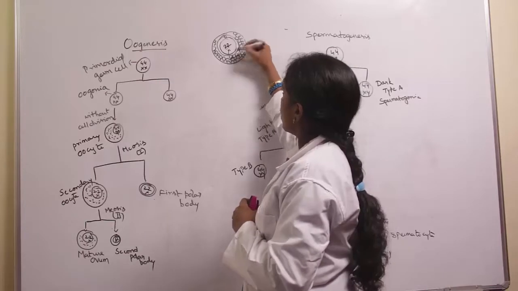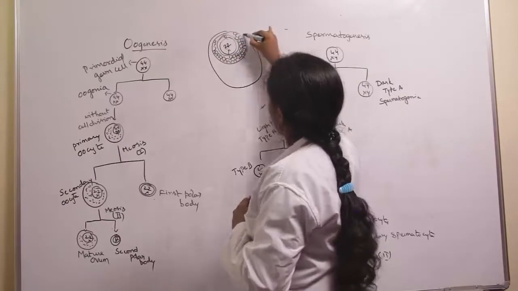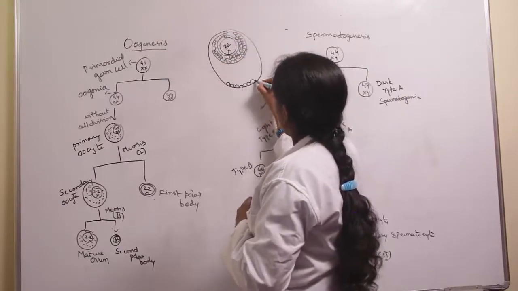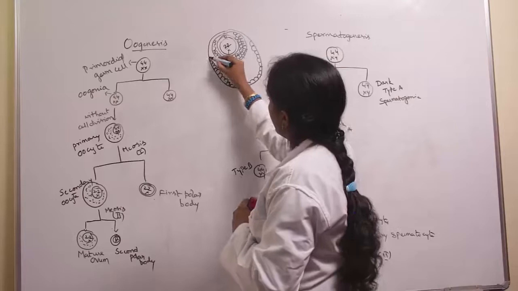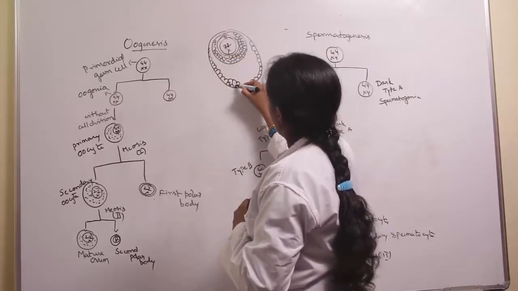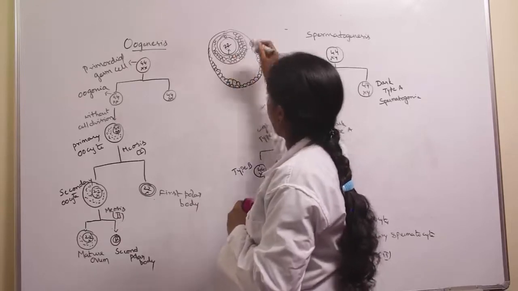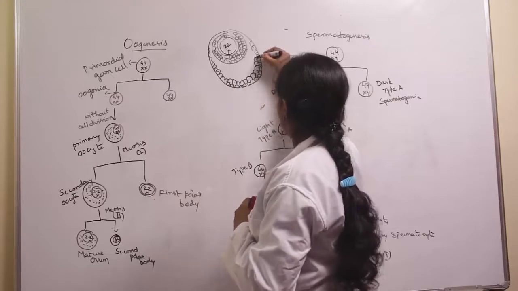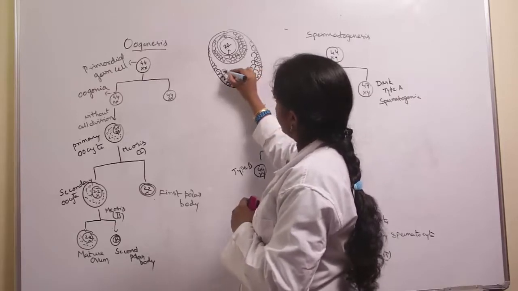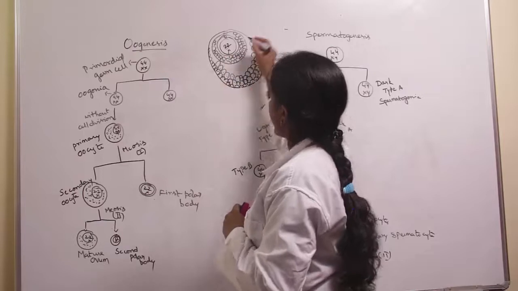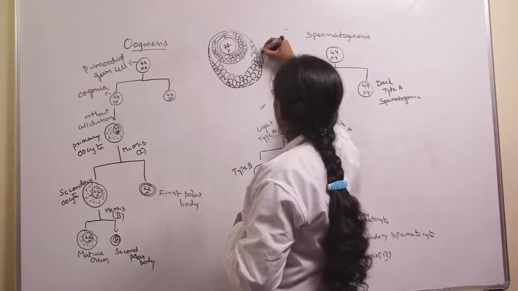Outer to that we have the stratum granulosum cells, and outer to the stratum granulosum we have one layer called tunica.